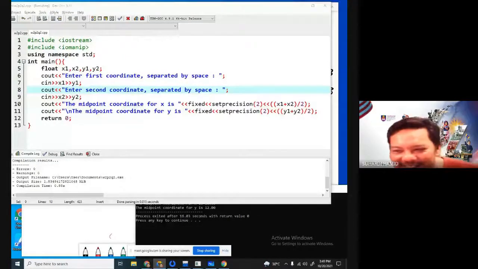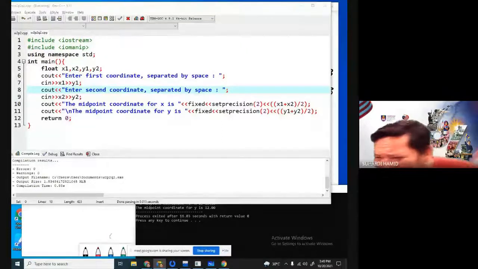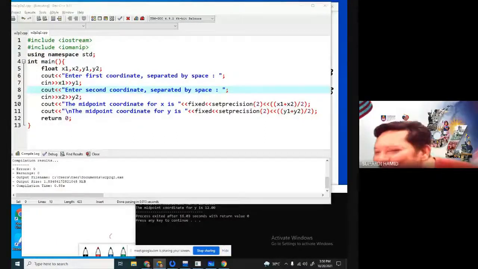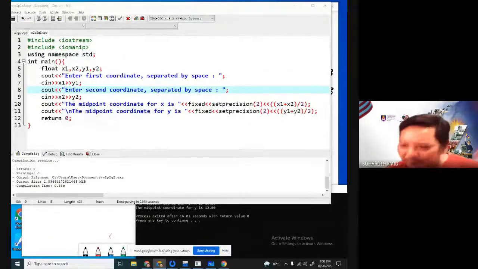Looking at this, is there anyone who feels confused by looking at my code? Raise your hand. No, it's very straightforward, isn't it? So this is what I try to get you to do: simplify things, put things into perspective.